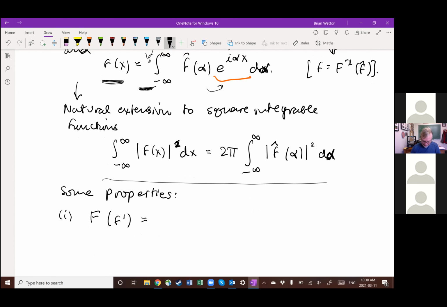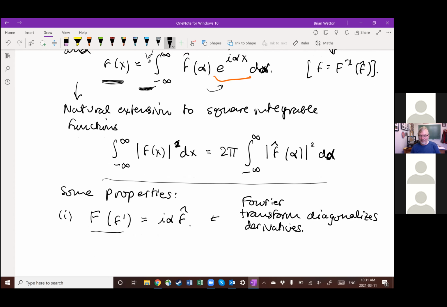So this is just i alpha times f hat. So this says the Fourier transform diagonalizes derivatives. Right? Oh, fantastic. Now, every time we have a constant coefficient problem with a derivative in it, if we took the Fourier transform, we would just get this multiplication.